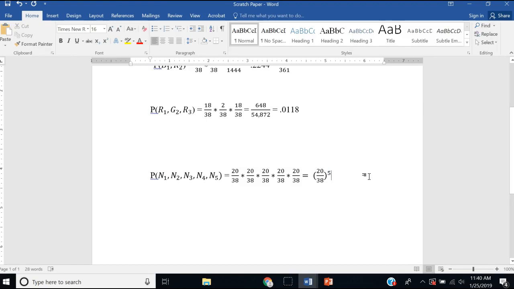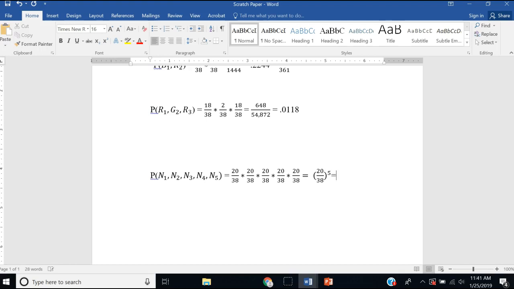Now, by the way, be careful. You must put this in parentheses when you're typing it into your calculator, or if you don't, it'll just take 38 to the 5th power, all right? So make sure those parentheses exist when you go ahead and do that.